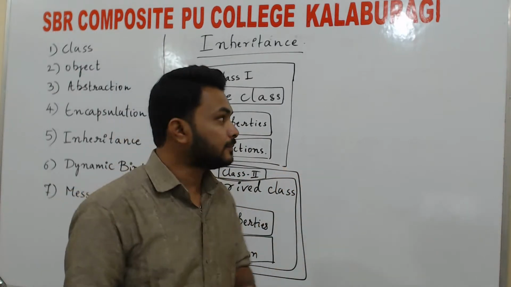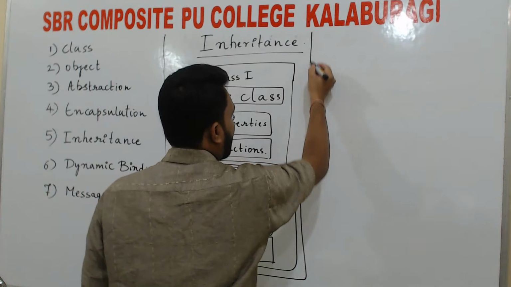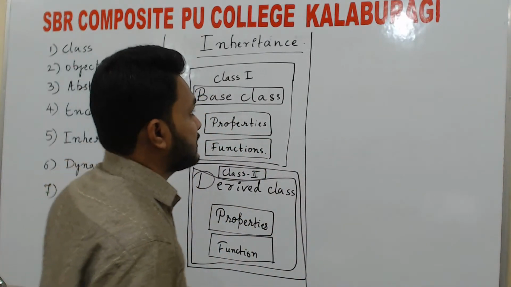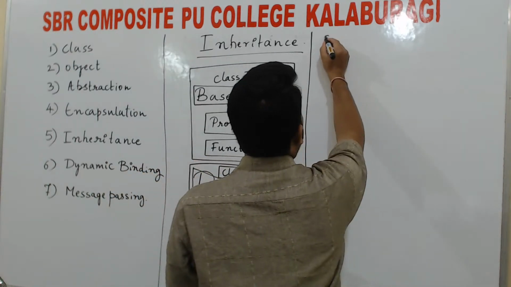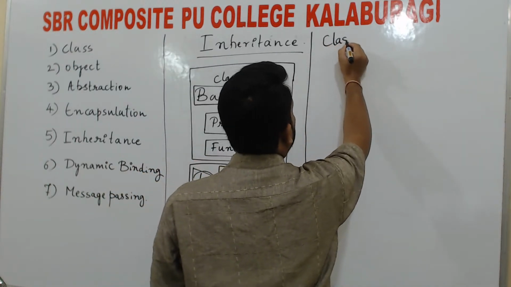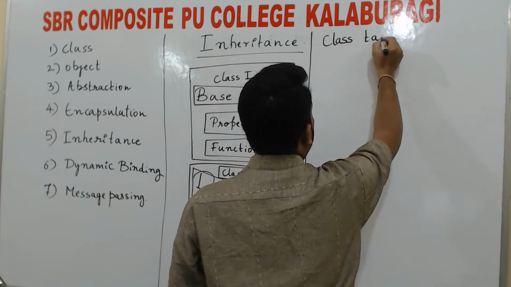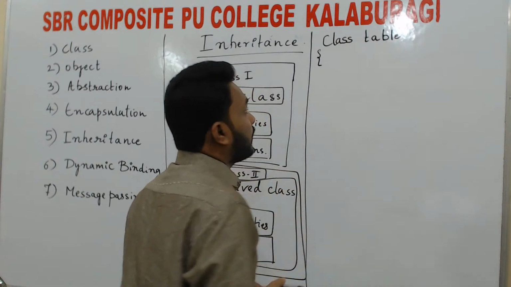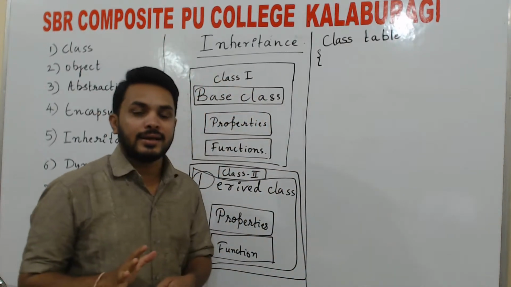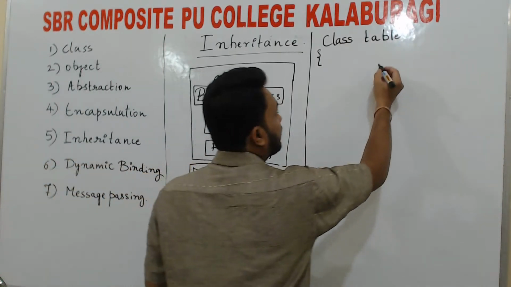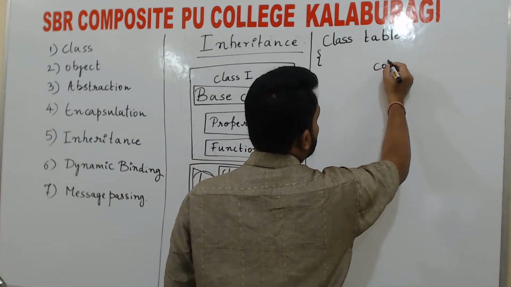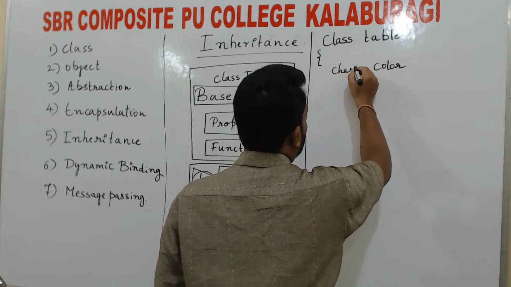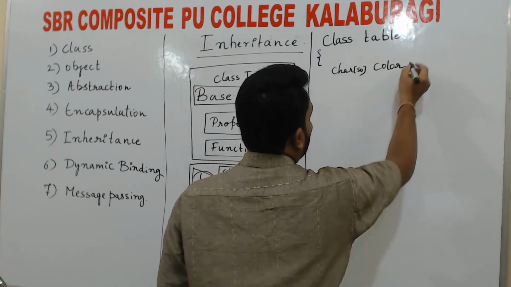I will explain by taking two classes. One class, table, I will take. The table has two properties: one is color and the other is legs. So color I will take; the table has a color, and the data type is char.